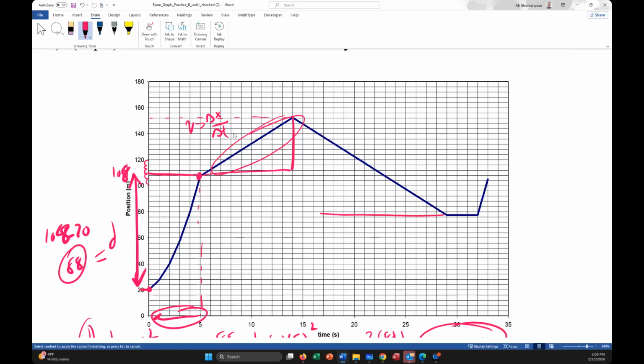Displacement over time. But we calculated the velocity here. Whatever the velocity got here is going to be the velocity here, because it's the final velocity. Makes sense?